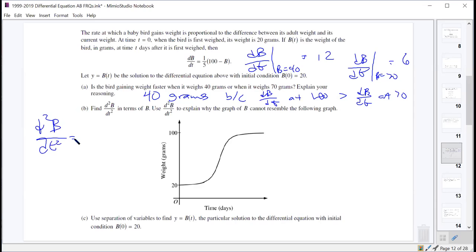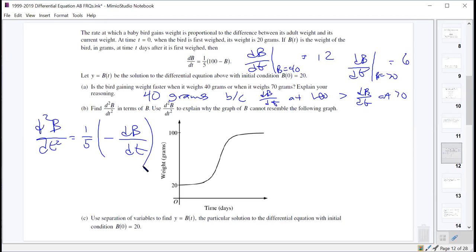Should mean that the 1/5 is the constant out in front and stays. And we take the derivative of 100 minus b. What's the derivative of 100 minus b with respect to t? The 100 part is 0. Negative dB/dt, right? The negative b becomes negative dB/dt.